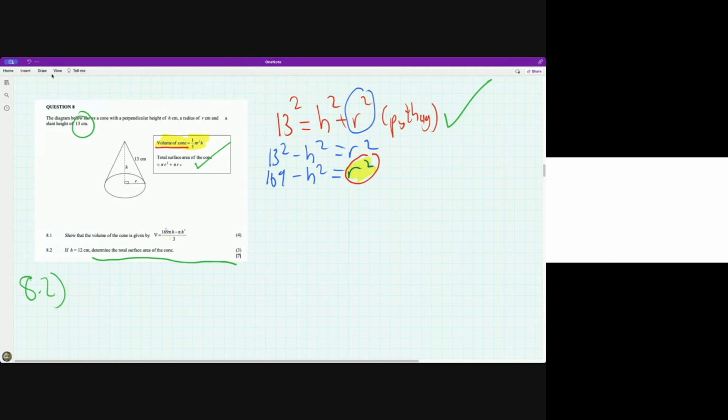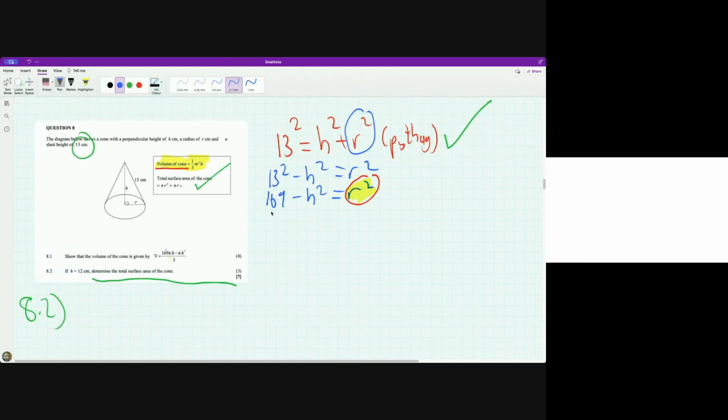Now, the formula for the surface area is pi r squared plus pi r s. Okay? So we now need to work out what this is going to be.